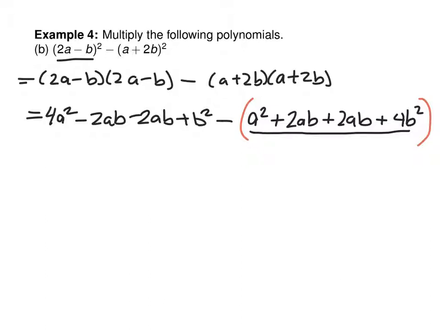So what's minus 2ab minus 2ab? Do they cancel? No. What do they become? Minus 4ab. So I've got 4a squared minus 4ab plus b squared minus the quantity. Oops, I said I was going to distribute, didn't I?